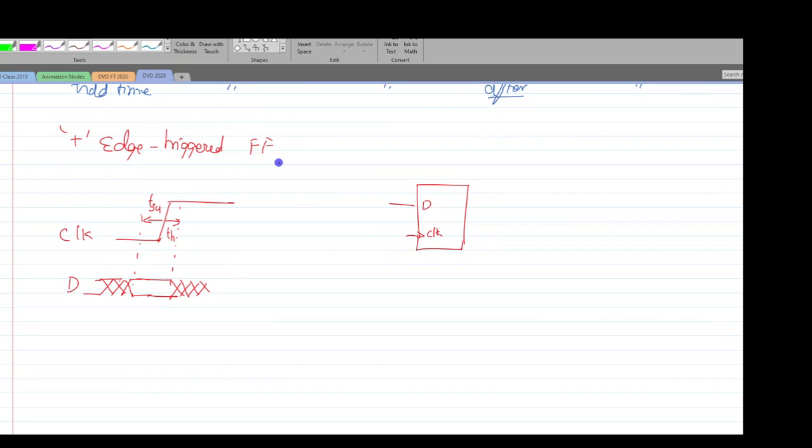In case you have a negative edge triggered flip-flop, the only difference is that instead of referring to a rising edge, we refer to the falling edge, with the same setup time towards the left side and hold time towards the right side. That's it. This would be my TSU and this would be my TH for a negative edge.